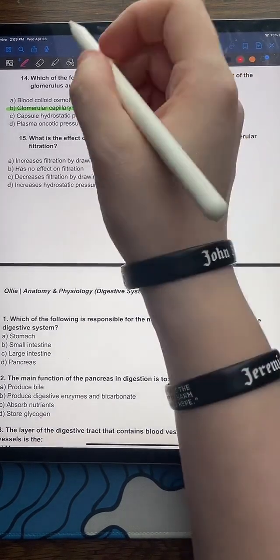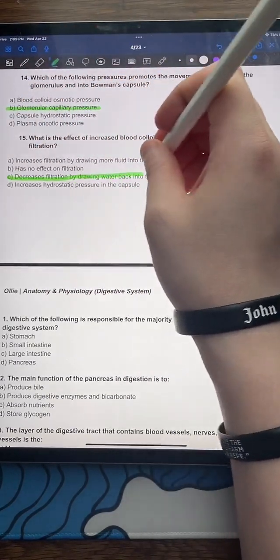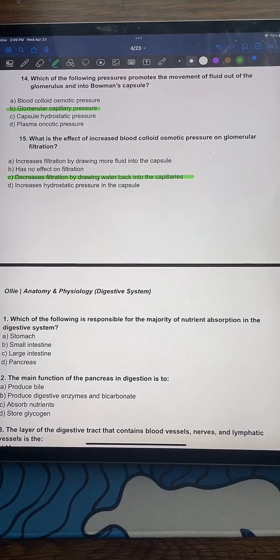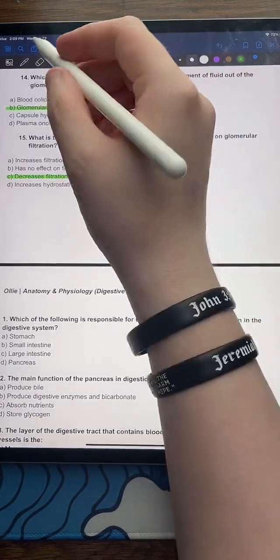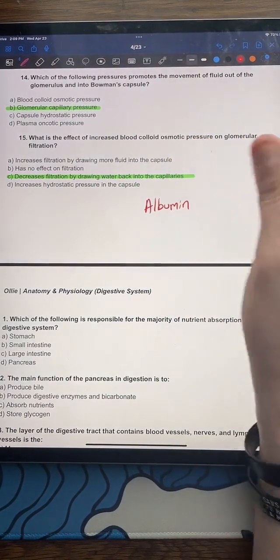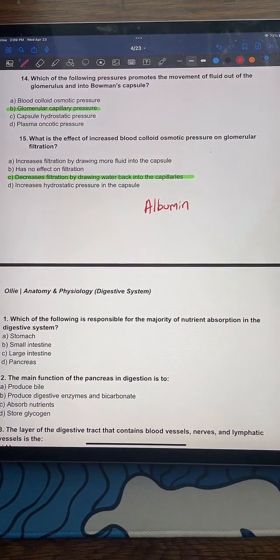The answer here is C. It decreases filtration by pulling water back into the capillaries. So let's think about what we described earlier. Our oncotic pressure, otherwise known as our blood colloid osmotic pressure, is created by plasma proteins, mainly albumin. This was kind of an important protein to know for the urinary system.